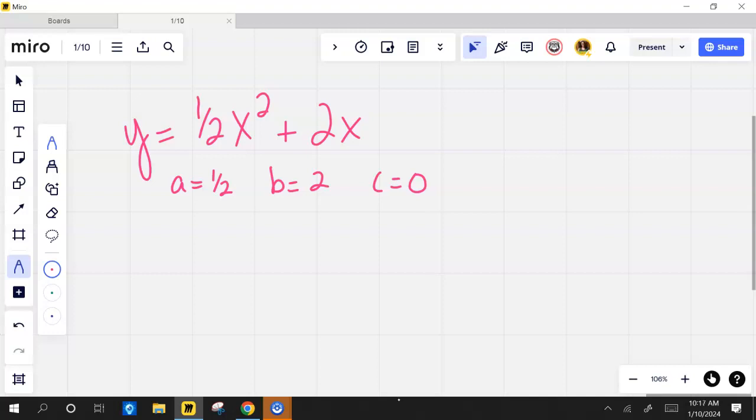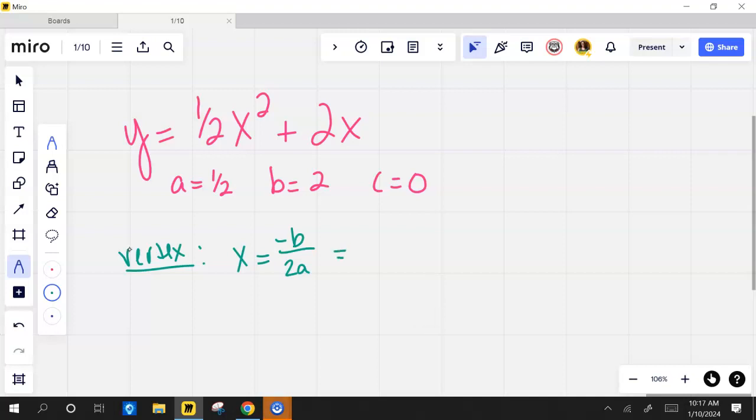All right, so that might give me a little bit of problems later on, but we'll go ahead and jump into graphing this the way it is. First things first, my first step is to label A, B, and C. And I have. What's your second step? Find the vertex. How do I find the vertex? That's right. Opposite B over 2A, and since I've listed A, B, and C out, that makes it a lot easier to plug in, right?